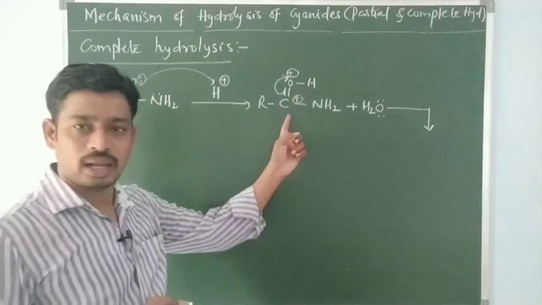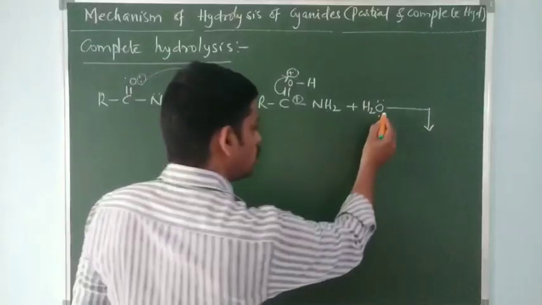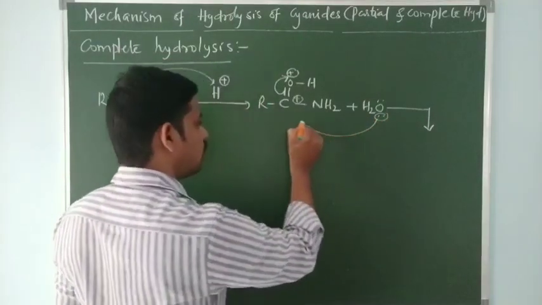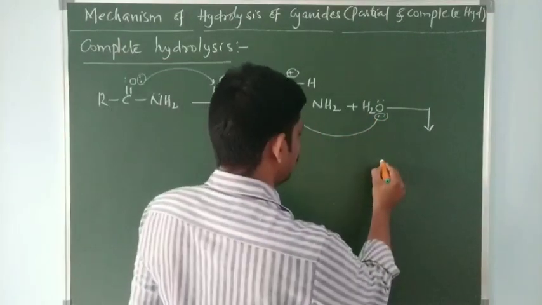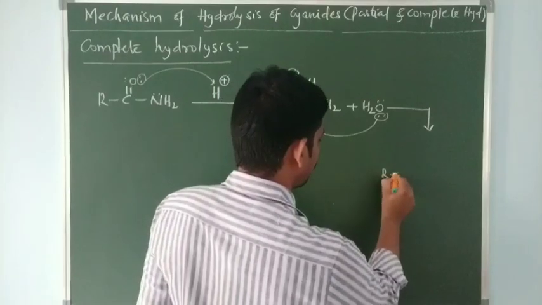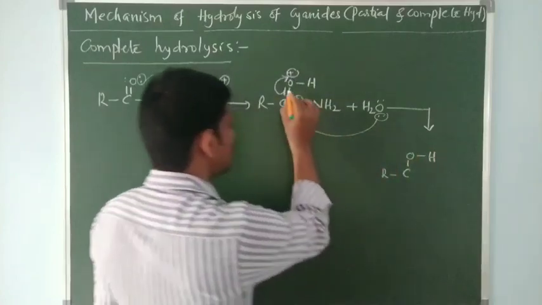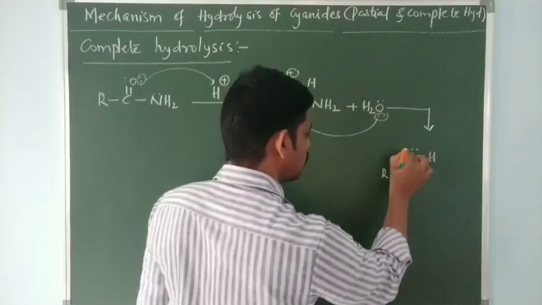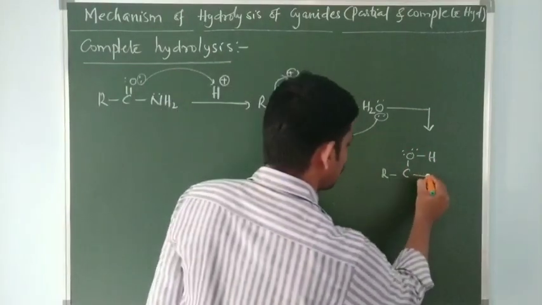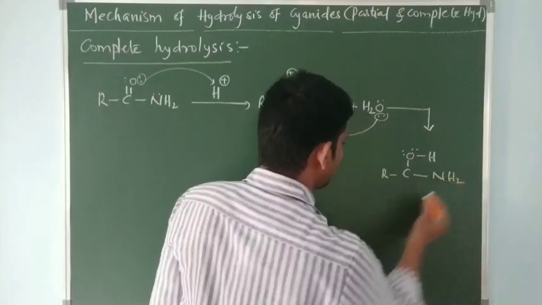That means carbocation formation takes place. Now the nucleophile will attack this carbocation, then we get R C OH, with two lone pairs of electrons on oxygen, and NH2 is there.